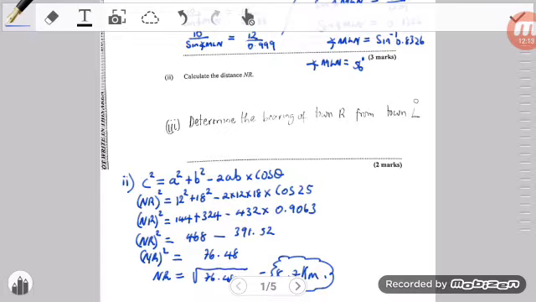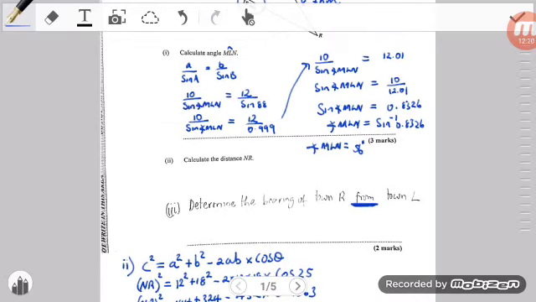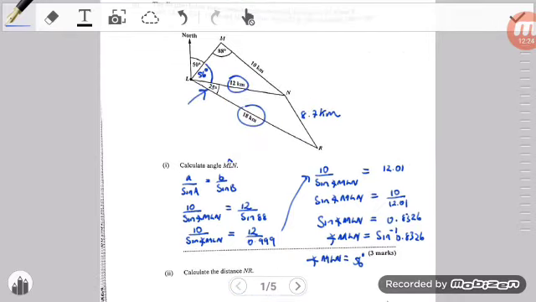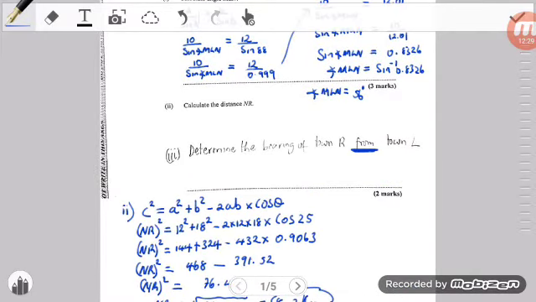So since we are trying to find the bearing of town R from town L, we need to insert a north line at town L. And fortunately for us, it has already been established.